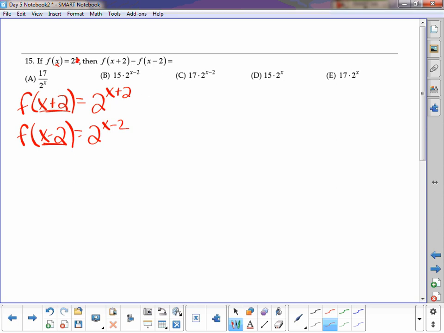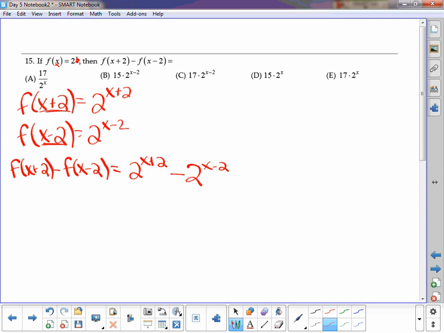So when I put this together, f of x plus 2 minus f of x minus 2 is 2 to the x plus 2 minus 2 to the x minus 2. Questions on that?